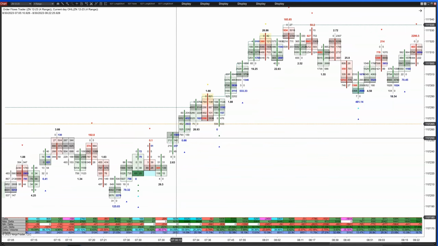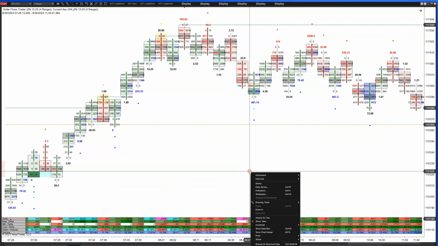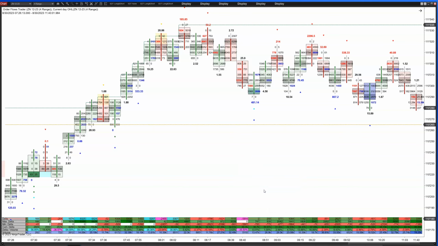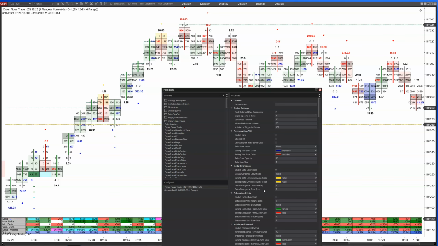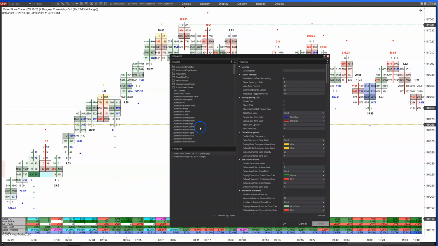Now again, the thing with these exhaustion prints is you're not limited to a set value. I use a value of 9 in most markets. On markets like 10 years, they trade a ton of volume. Each bar is in the tens of thousands of contracts, 16,000, 25,000, 32,000.